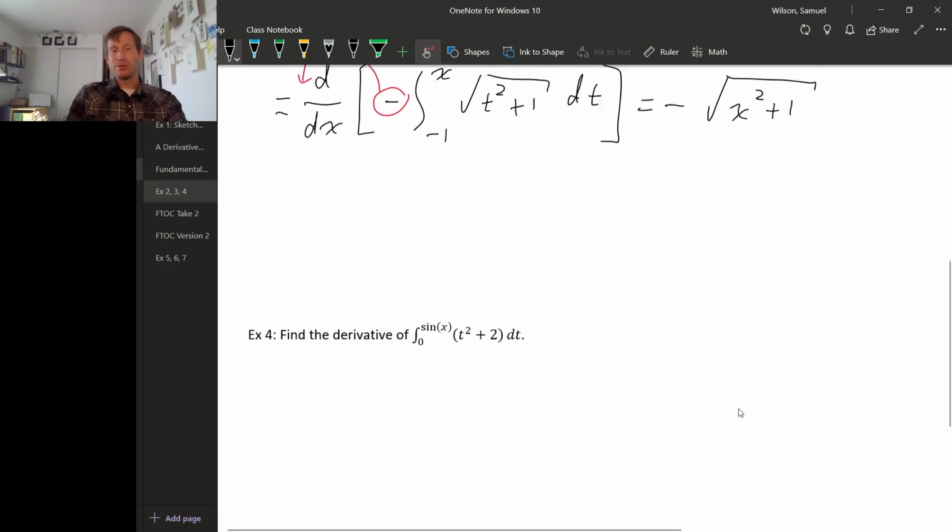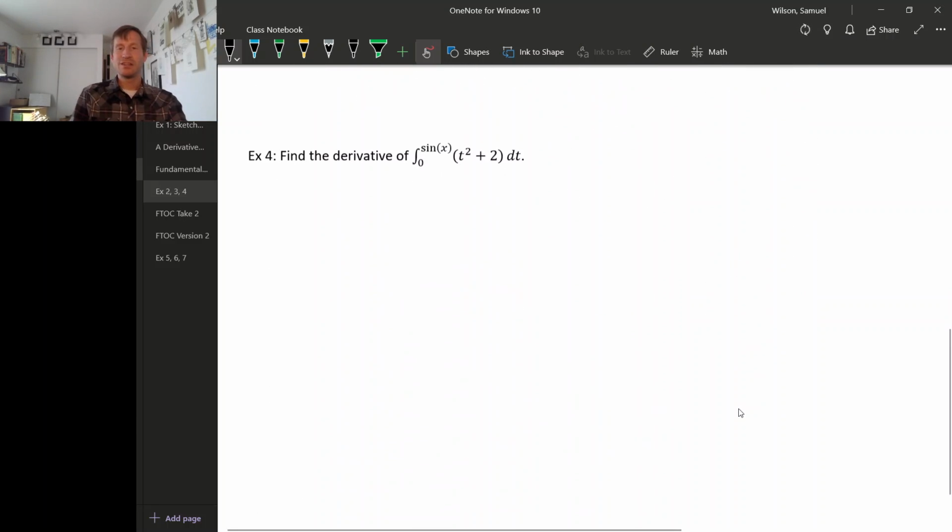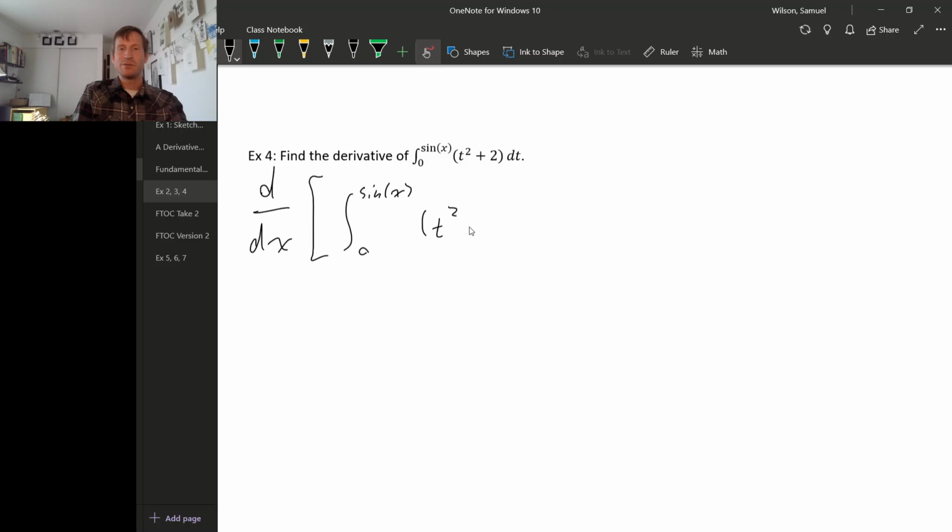One last example. Let's find the derivative of this crazy thing. The derivative with respect to x of the integral from 0 to sine x of t squared plus 2. I must have had squares on the mind when I wrote these examples.